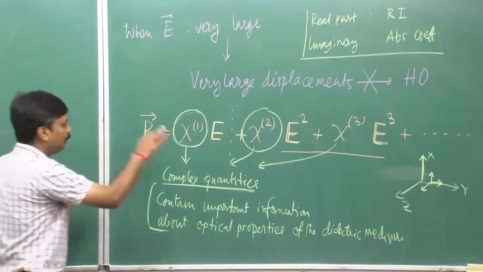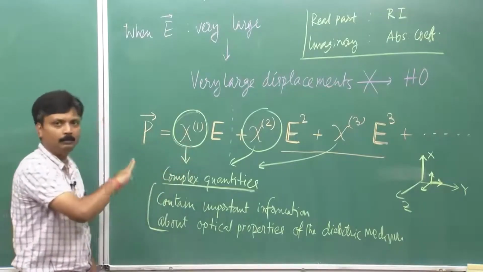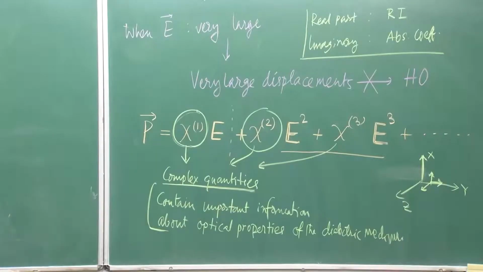With this knowledge and knowing that these chi's or susceptibilities are tensor quantities, let us rewrite this expression in the correct way.